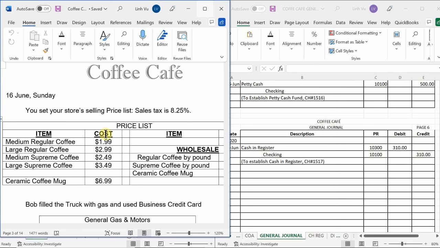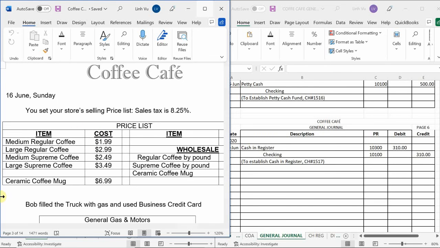This is our sales price, not what it's going to be costing me, okay? I put cost at the top because that's the price, right? In this case, we got the large regular coffee for $2.99. We got the medium supreme coffee for $2.49, and then we have our large supreme coffee for $3.49. All right, and of course, we have our ceramic coffee mugs that we're going to sell in store for $6.99.